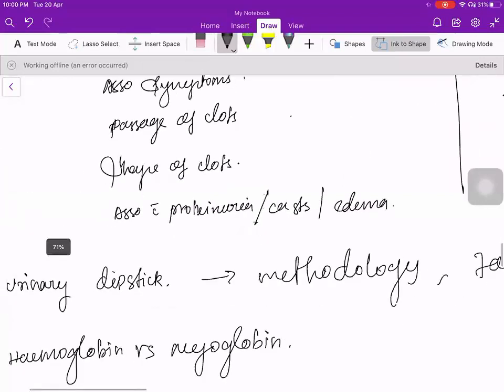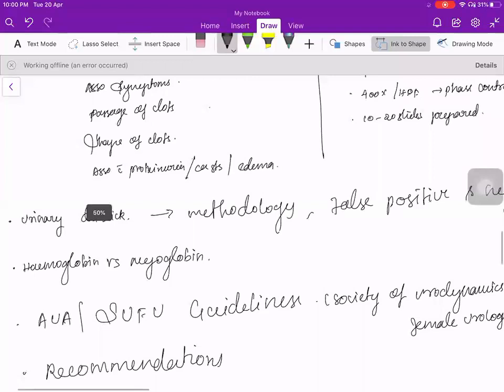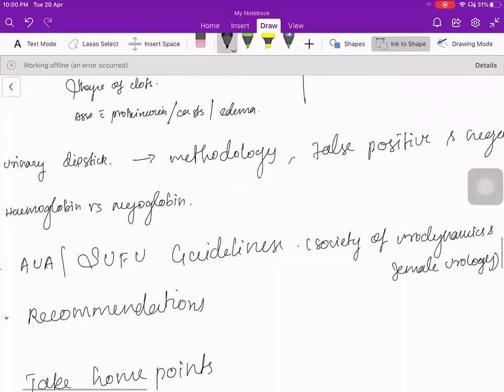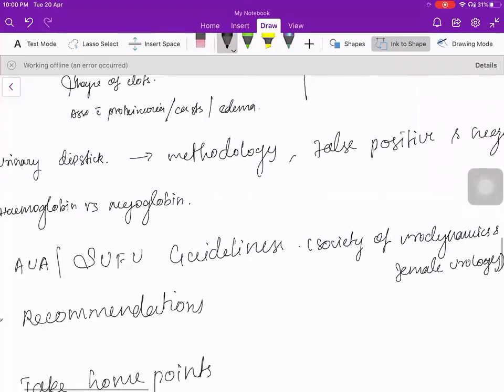So what are we going to do? First thing we are going to do is urinary dipstick. Urinary dipstick, what is the methodology?